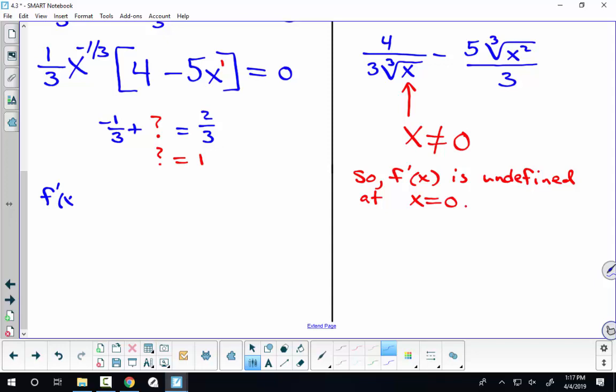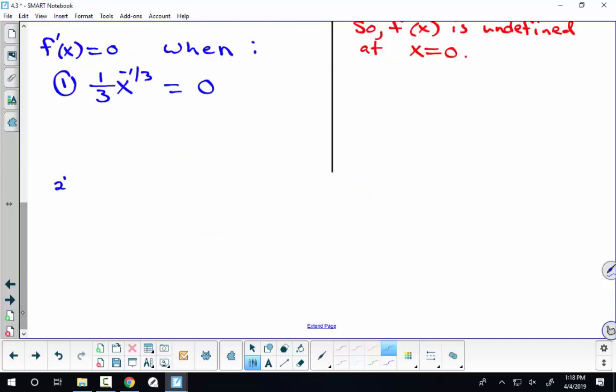We'll just write this, f prime of x equals 0 when 1/3 x to the negative 1/3 is 0, and when the 4 minus 5x is 0. So this one is probably a little more straightforward here. When x is 4/5. Is that a critical point?